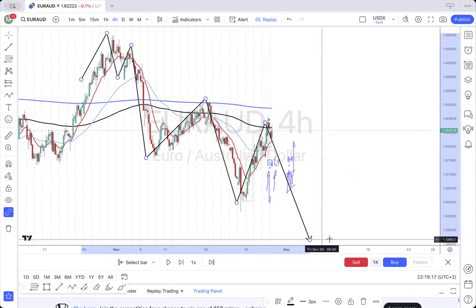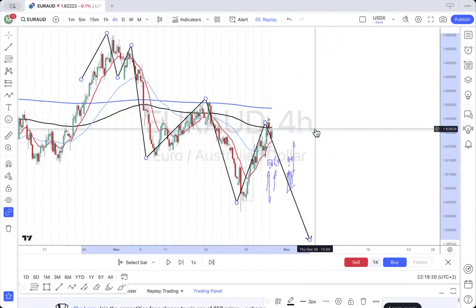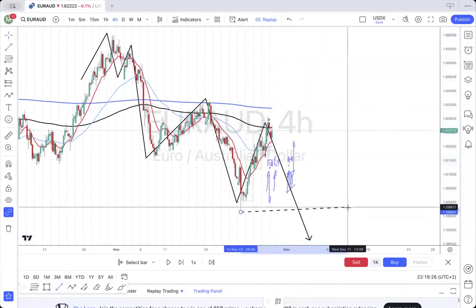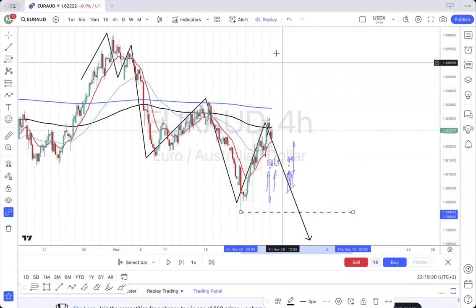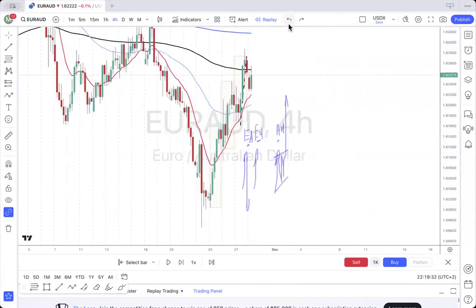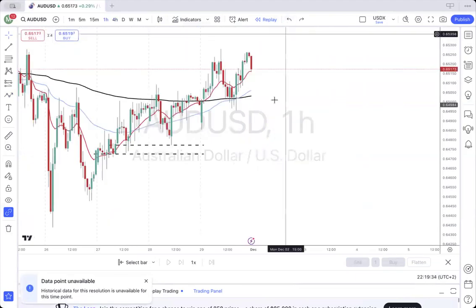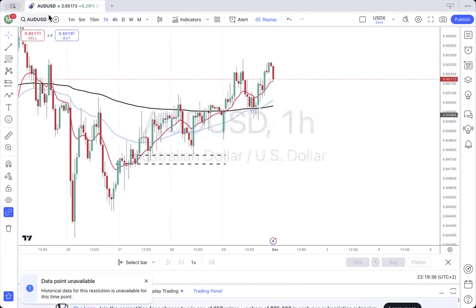So wherever it closed on Friday, if it closed in a sweet spot, you are good to sell this until it breaks the low here. All right. So we'll see what happens with that. But that is what we actually want to see.